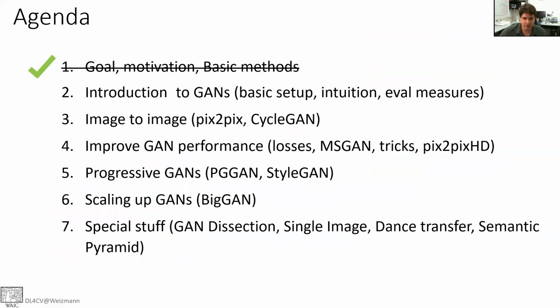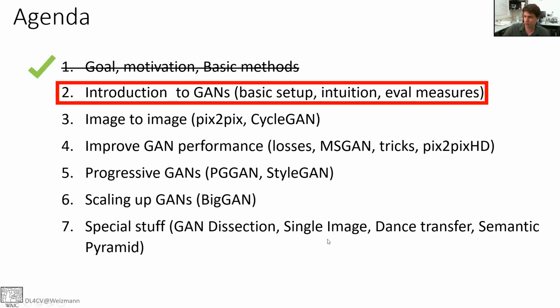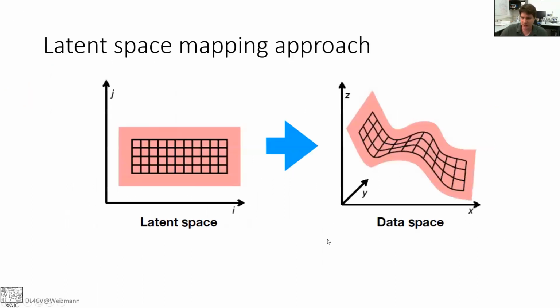So we've been through the motivation and the basic method, and from now on we'll be discussing latent space mapping, and this will bring us to talk about GANs. So, what is latent space mapping? This is the third of these approaches that we've just seen.